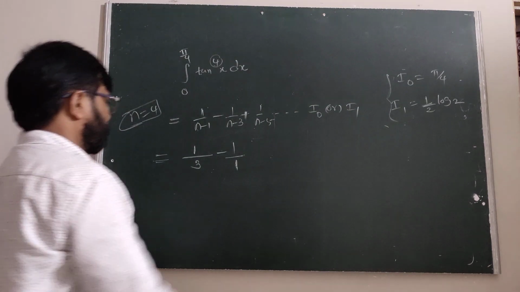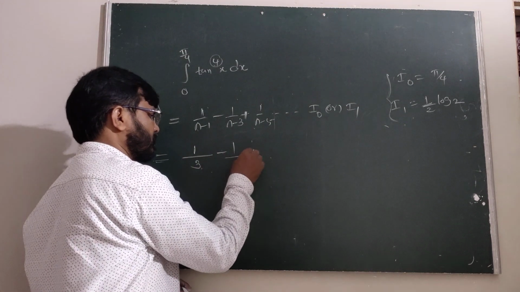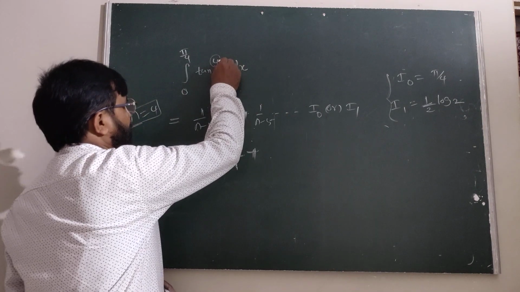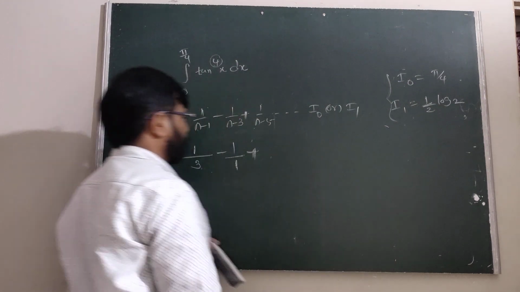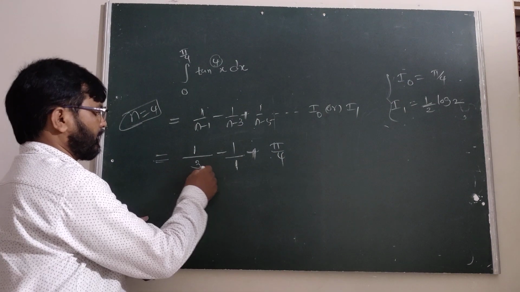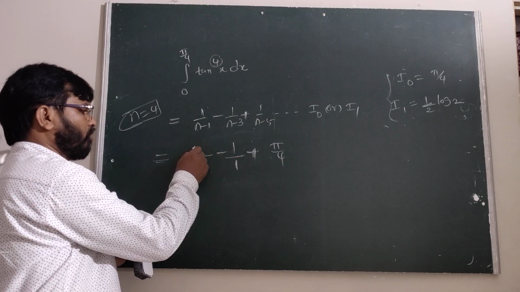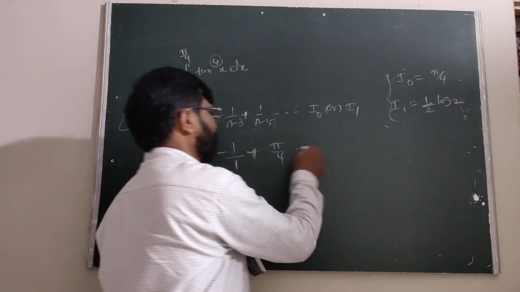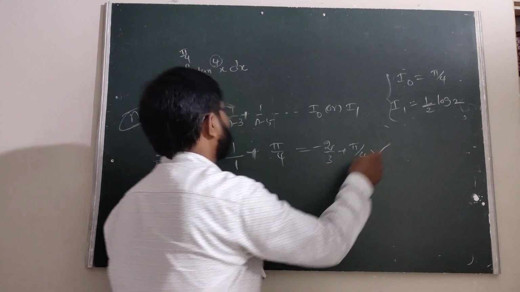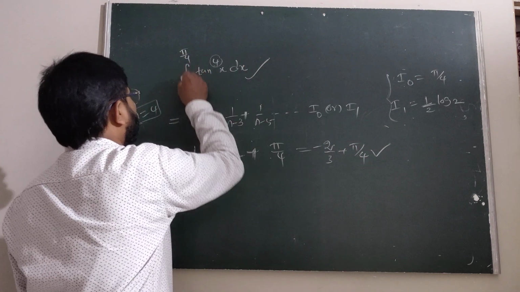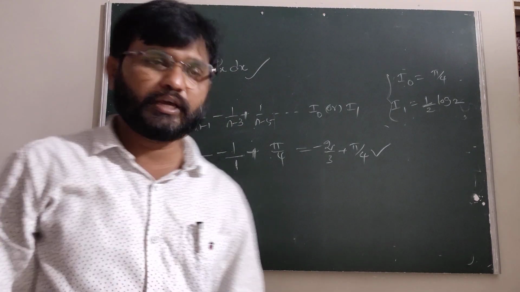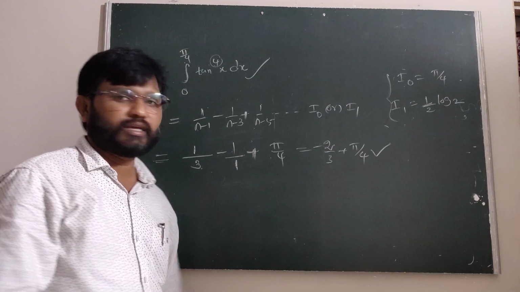Then you can write 1 by 3 minus plus. Here, just now we discussed, when n is even, undoubtedly we got I0. I0 value is pi by 4. Now 3 ones are 3, 1 minus 3 is minus 2 by 3 plus pi by 4 is the value of the integral 0 to pi by 4 tan power 4x dx. Okay, this is minus 2 by 3 plus pi by 4.